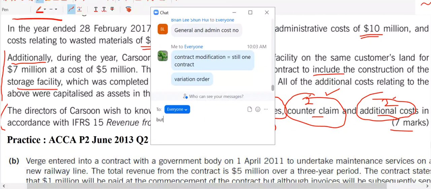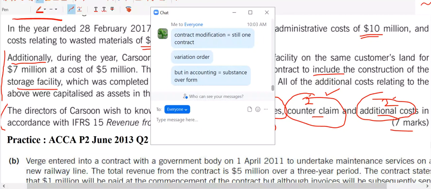But in accounting, we follow substance over form. This is always very important, substance over form.